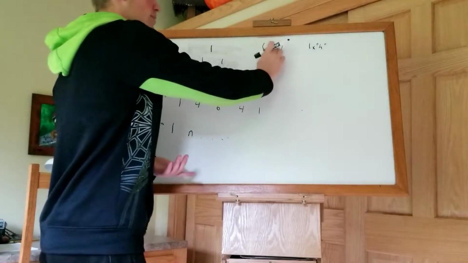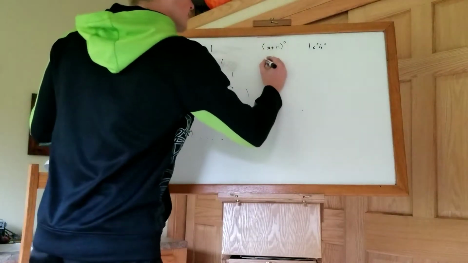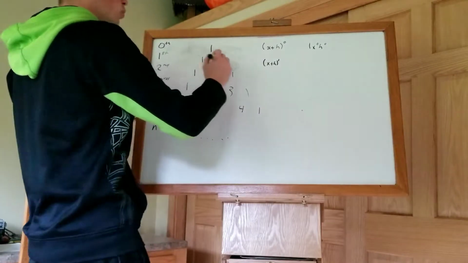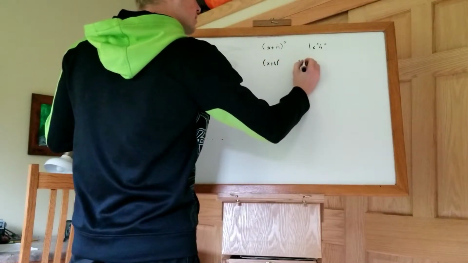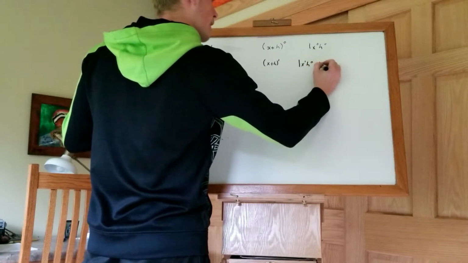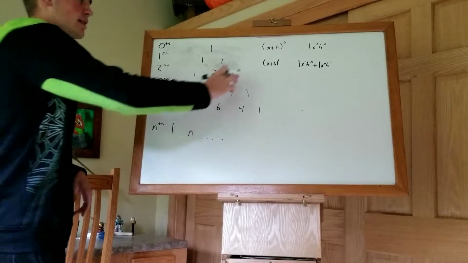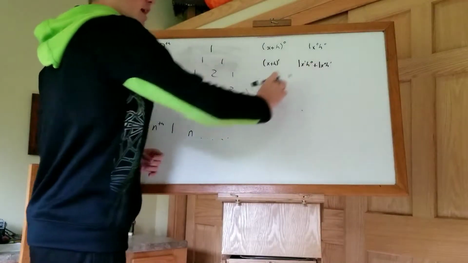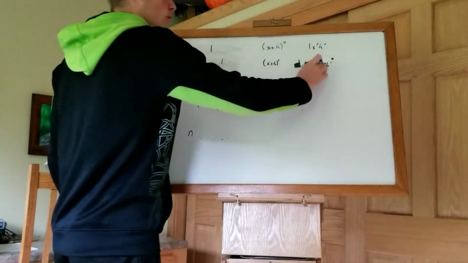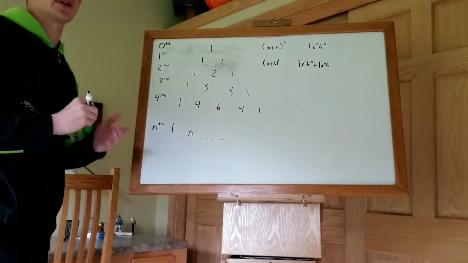And we know that x plus h to the 0 is just 1. And then if we took x plus h to the first, it would be 1 x to the first, h to the 0, plus 1 x to the 0, h to the first. So this far side, this x variable, will have that as the exponent, and it will slowly work over, increasing by 1 until h has that as the exponent.